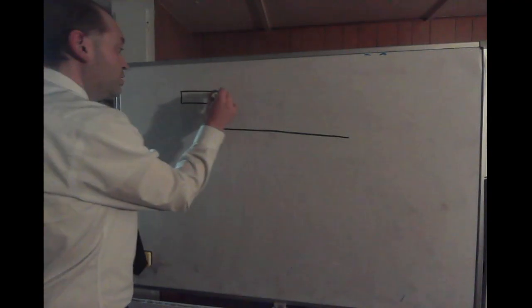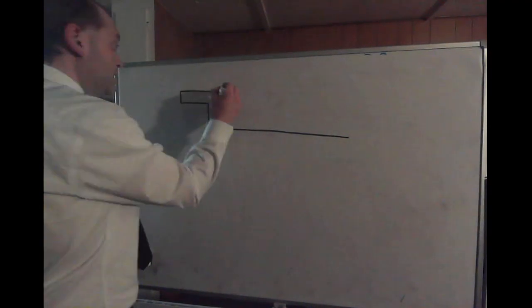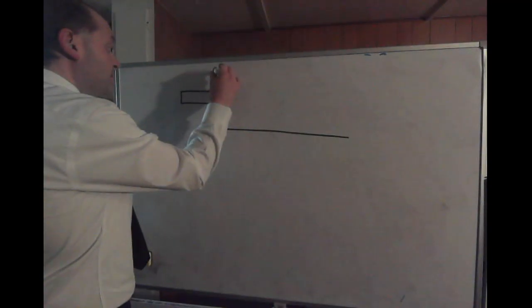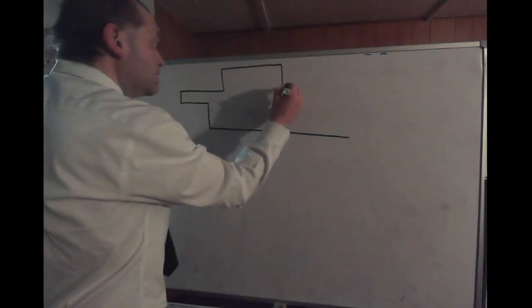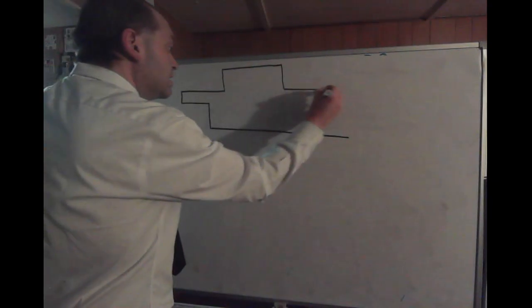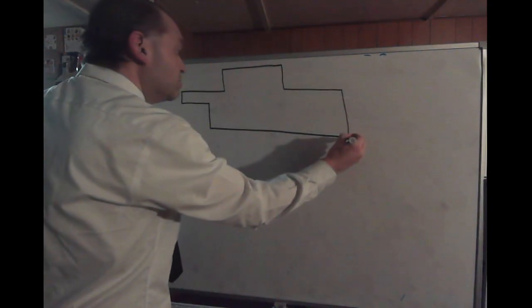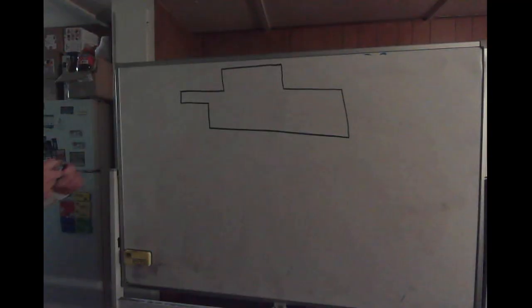Yeah, it does bow in, okay. Bows in a little bit like that. Comes up like this. Goes over like that. Comes down like that. And then comes over like this. So that's a really funky shape, isn't it?